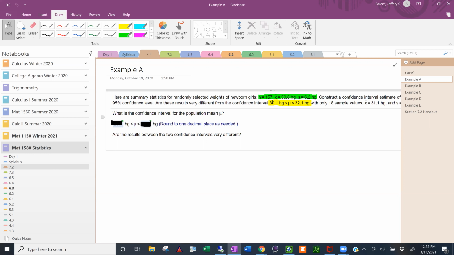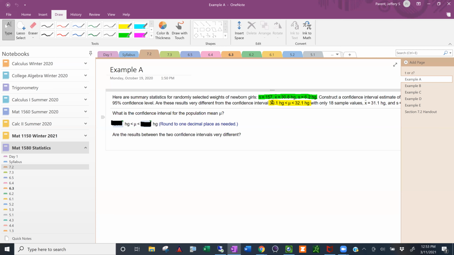Okay, so let's write down some data here for ourselves. This is example A. The items that we need to take care of right now are highlighted in green. 157, that's the number of samples. 30.8 is our sample mean, and our sample standard deviation is 6.2.